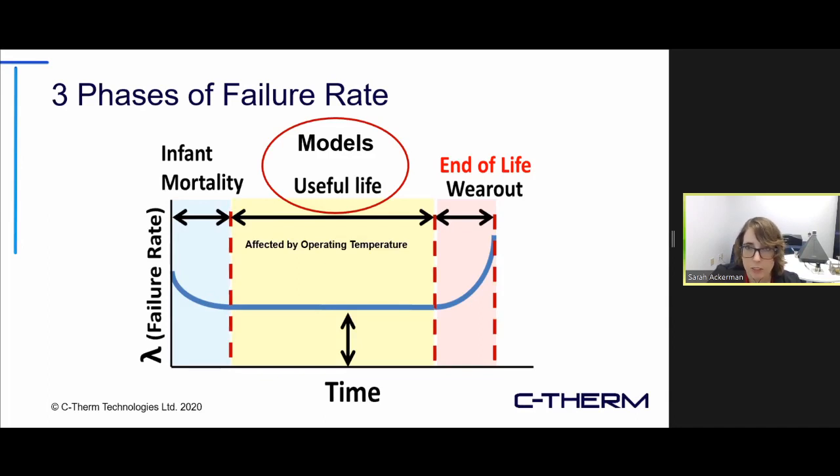These are referred to as your infant mortality on the failure rate curve. At the end, you'll have another spike in failure, when the device itself just starts to wear out at the end of its service life. But the failure rate analysis methods really focus on the useful life middle ground on this chart.